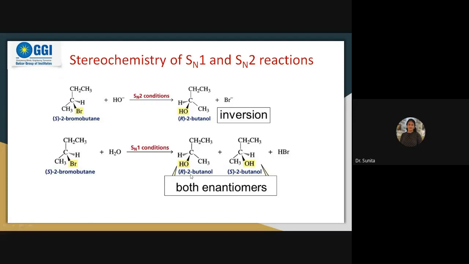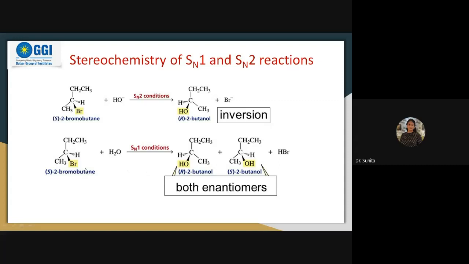Water will react under SN1 conditions. There can be attack of the nucleophile from two sides, the front side as well as the back side, so either inverted geometry or the same geometry can result.